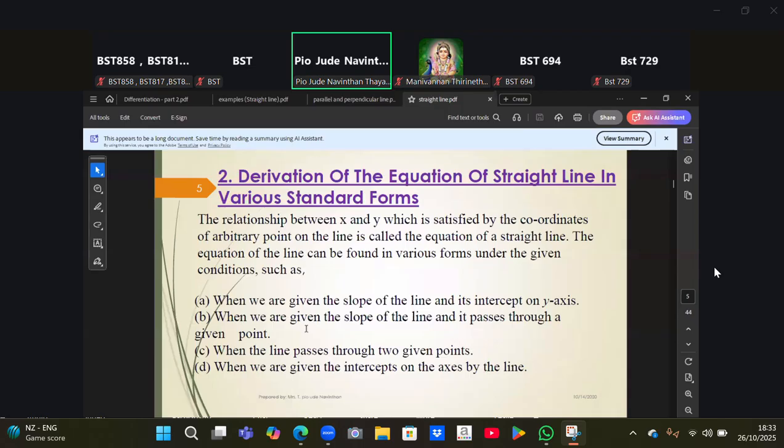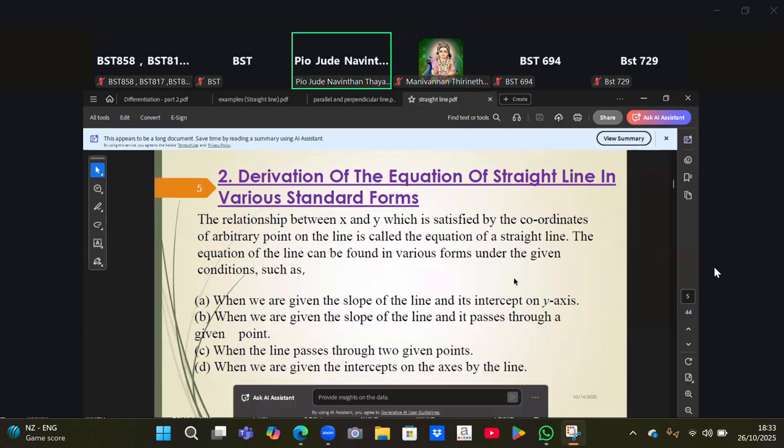The other case is when we are given the slope of the line and it passes through a given point. If they give m, or one point, we are saying this line has this gradient or slope m is equal to something, say 3, and it passes through (4, 5).